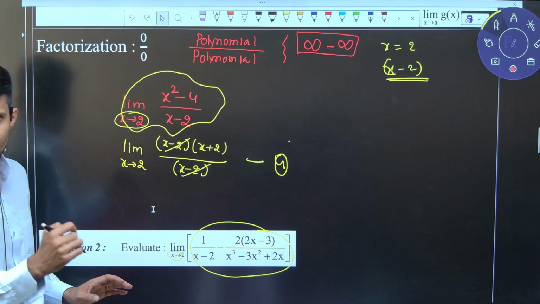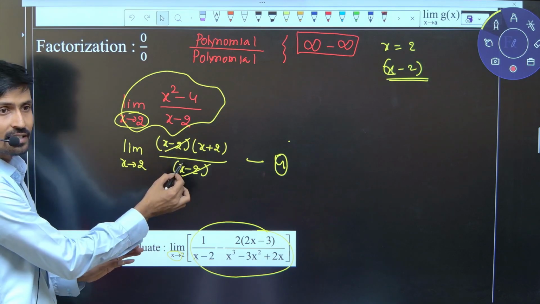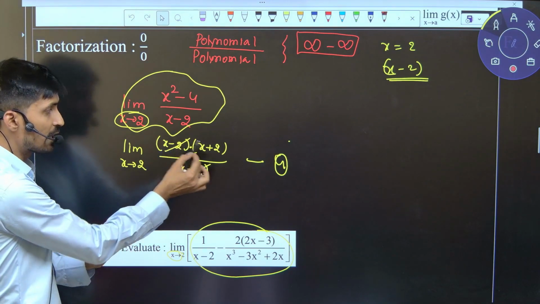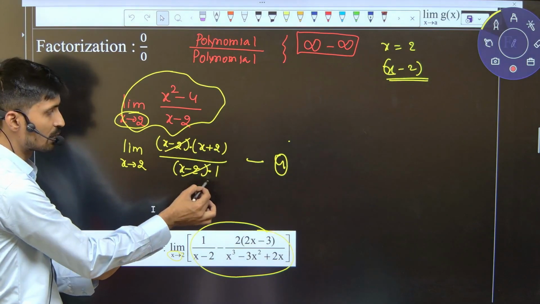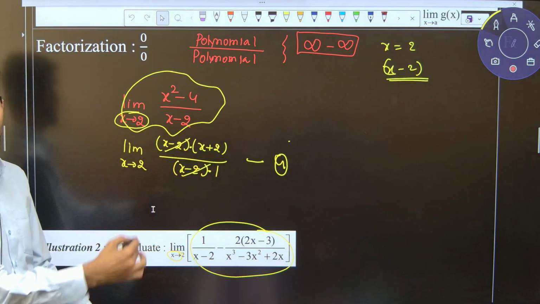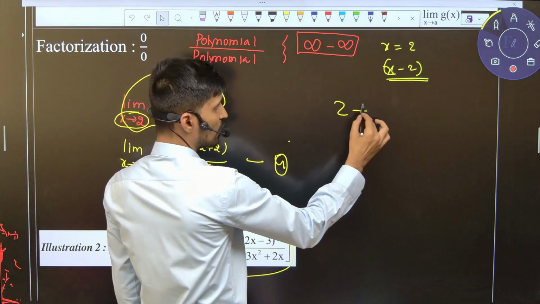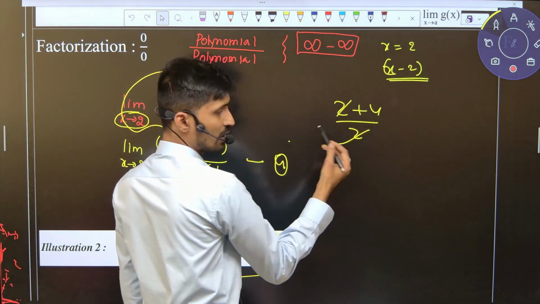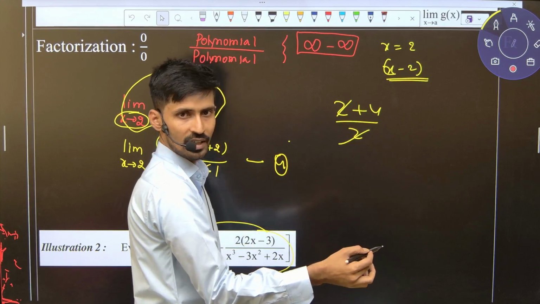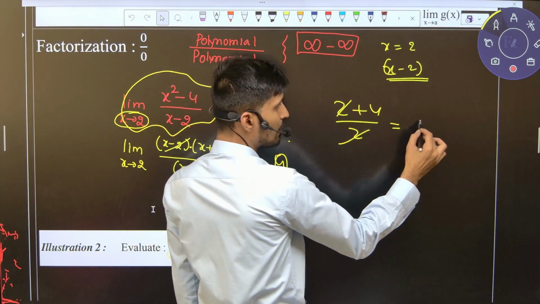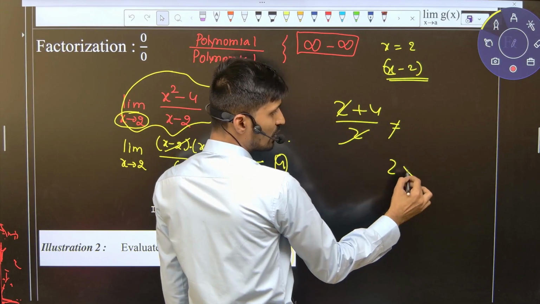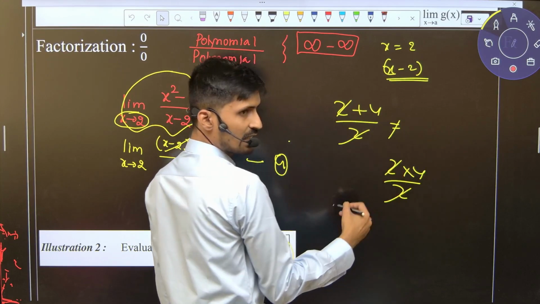Now one more thing after that. Now say this. When will things get cancelled? When x minus 2 is multiplying with something, then only we can cancel. Do you think you can cancel 2 plus 4 by 2, the 2? No. It's not like that. But if that is 2 into 4 by 2, then 2 and 2 will get cancelled, or not?